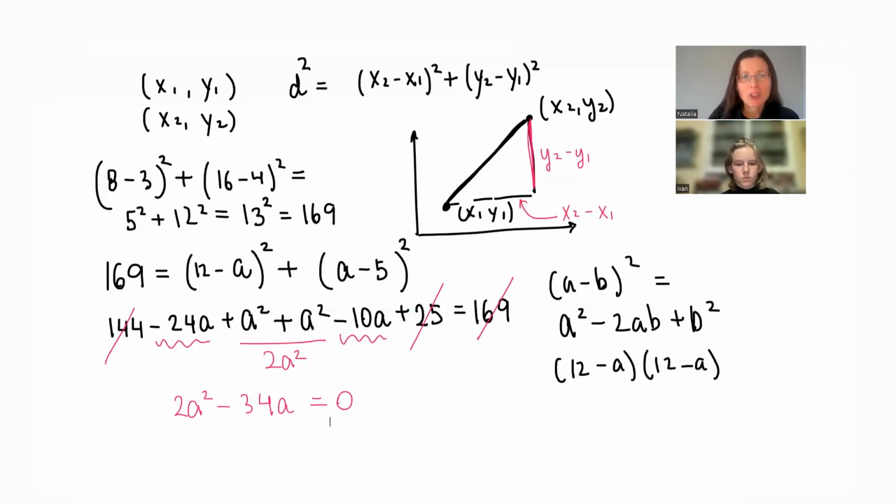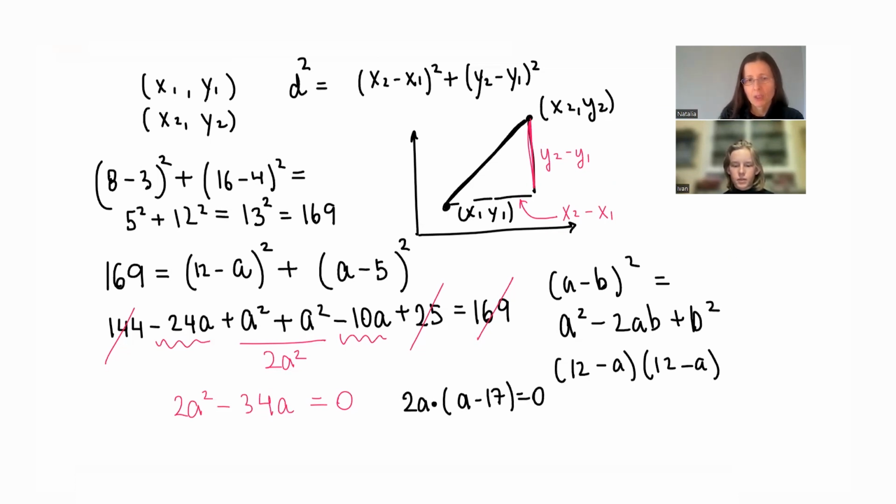Okay, how do we solve this equation? Let's factor out 2a, because we noticed this is a squared and this is a, so we factor out 2a in one step. We'll have 2a times (a minus 17) equals 0.